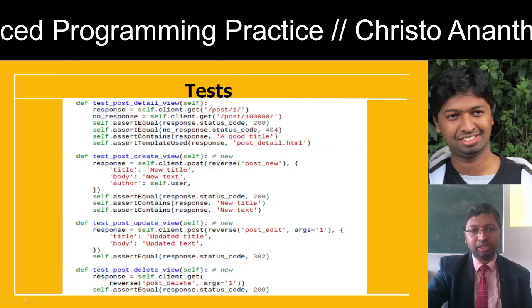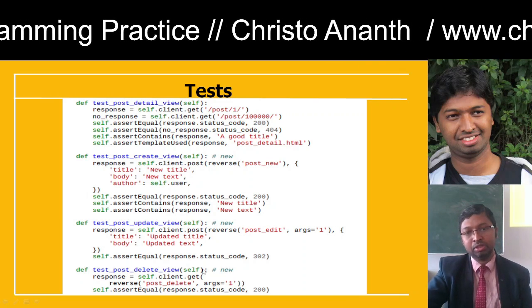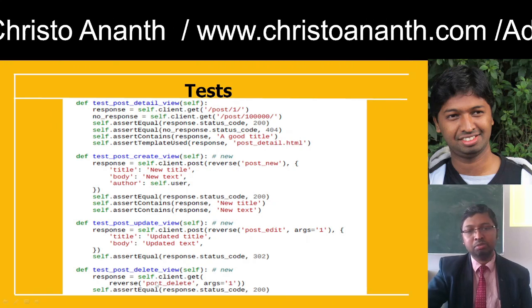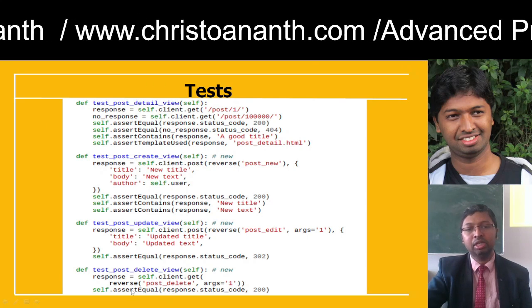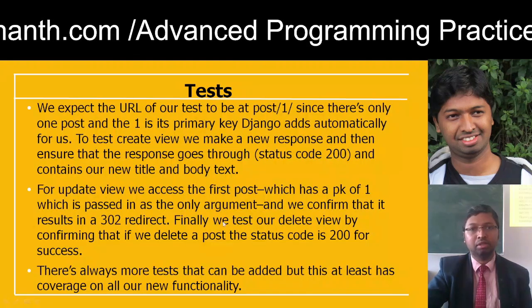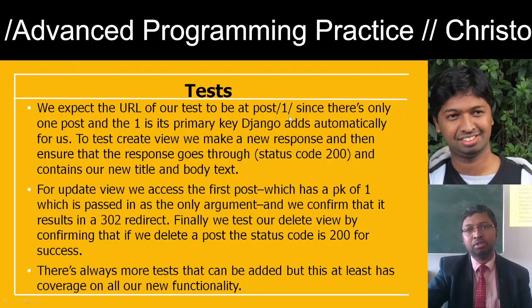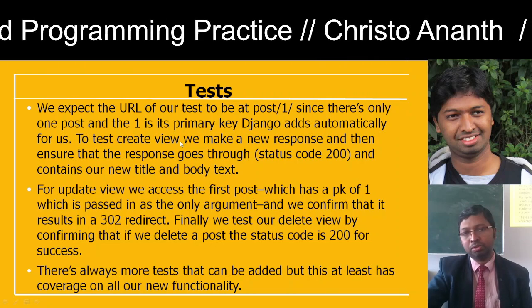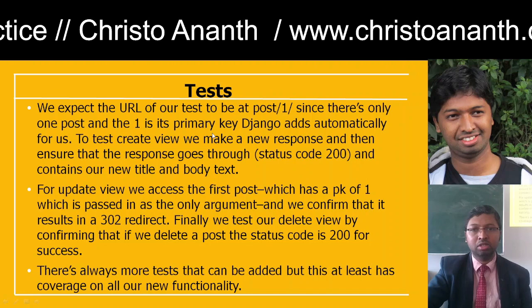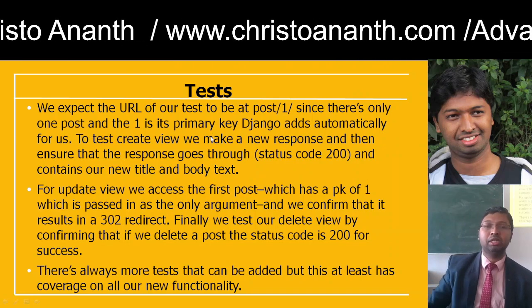Then you will go with the post delete view, which is the new one. Response self.client.get reverse post_delete, argument equal to 1, and self.assertEqual response status code of 200. So maybe you will have post slash 1 because there is only one post and we are using the pk, primary key, equal to 1, which means that Django will automatically add for us.